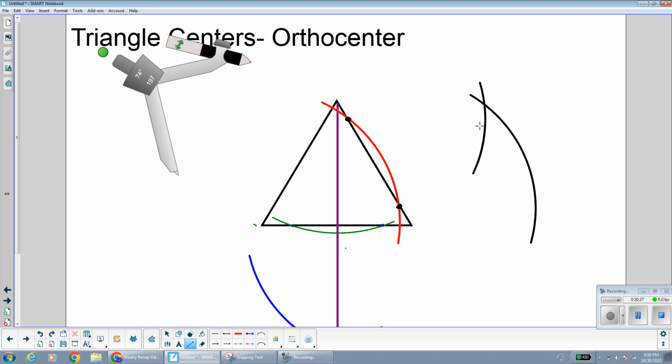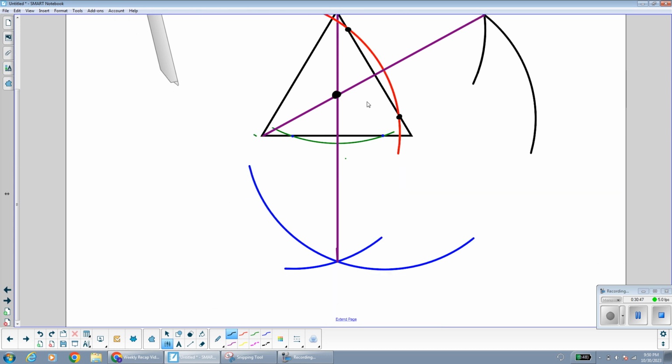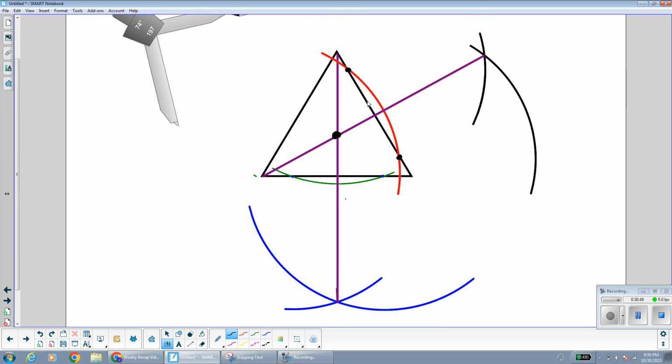And using my straight edge, I'm going to connect from the intersection point to that vertex I wanted it to pass through. And here I have another altitude of the triangle. And this point right here, where the altitudes of a triangle intersect, is called the orthocenter of the triangle. And once again, it's where the altitudes meet.